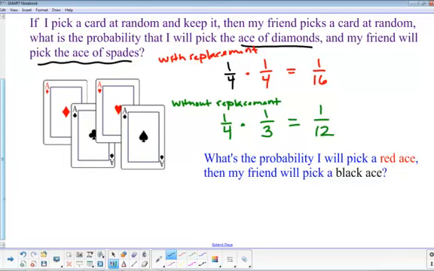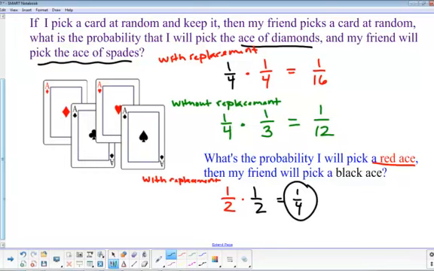So the next question is, what's the probability that I will pick a red ace and my friend will pick a black ace? Well, a red ace is a 1/2 probability. Again, are you holding the red ace or putting it back? So there are two different situations. With replacement, that means you put it back, then the black ace is a 1/2 probability. So that would be 1/4.